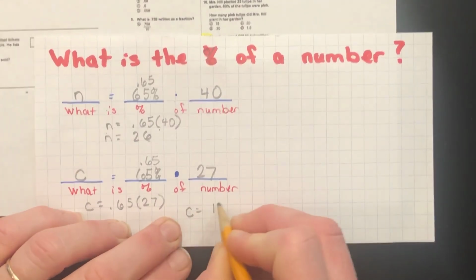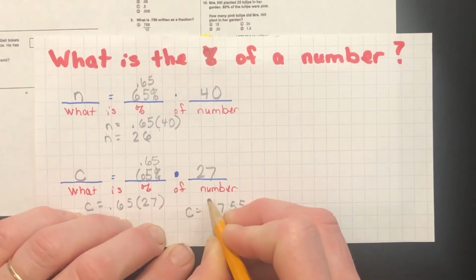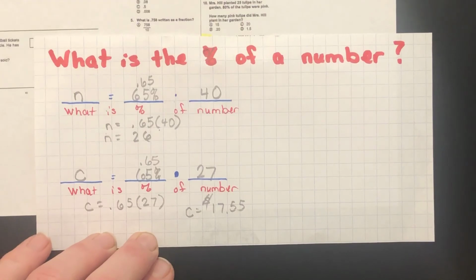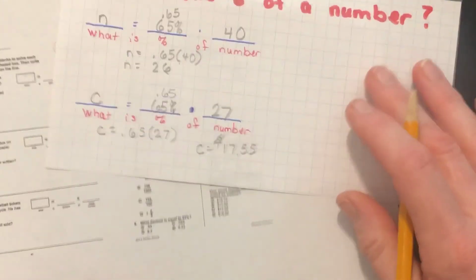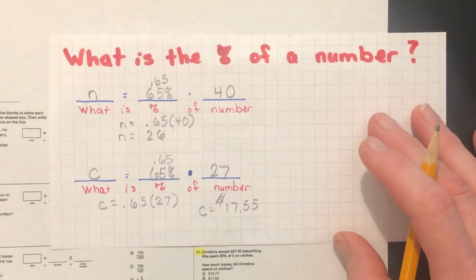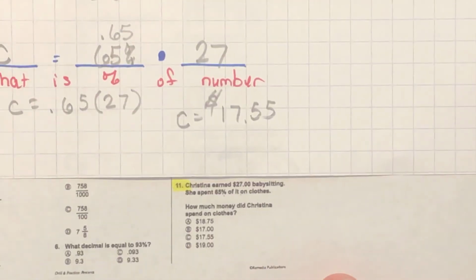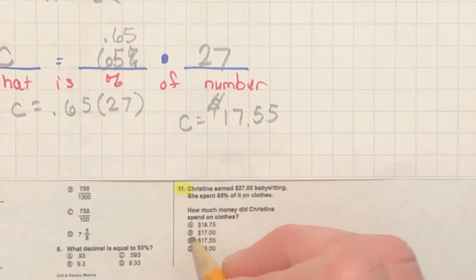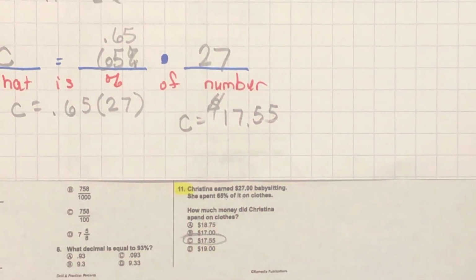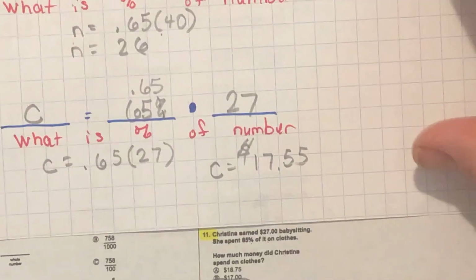C equals $17.55. Now let's look and see if we have the answer. I hope so. If not, I got a problem. Yes, we have the answer. It's C. There we go. All right, so you have everything you need to finish this.